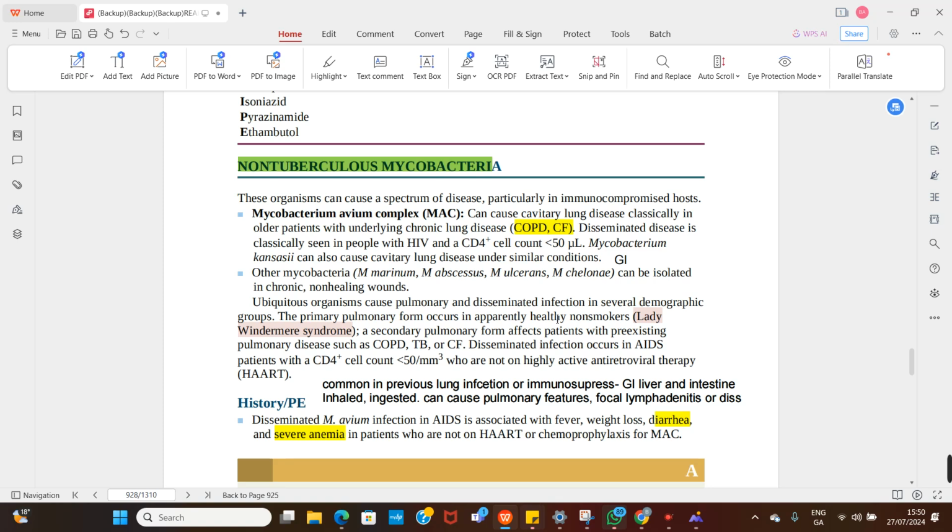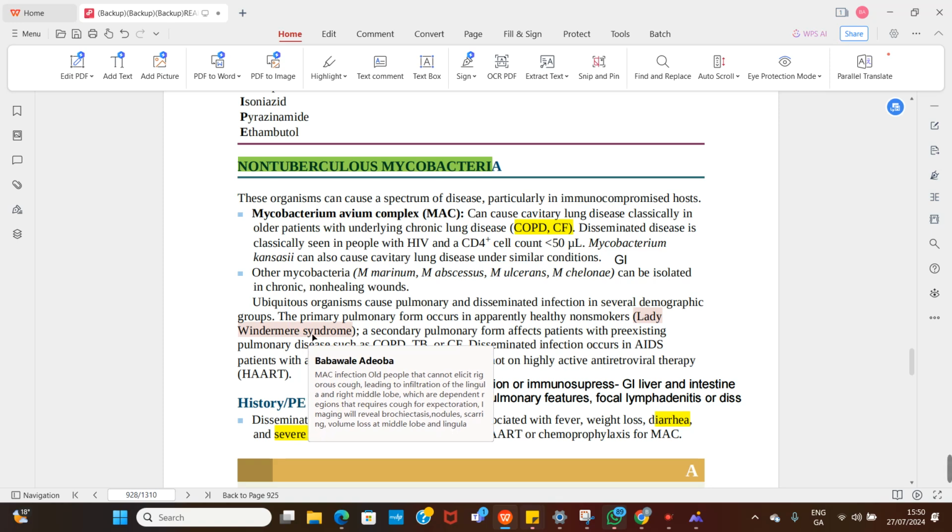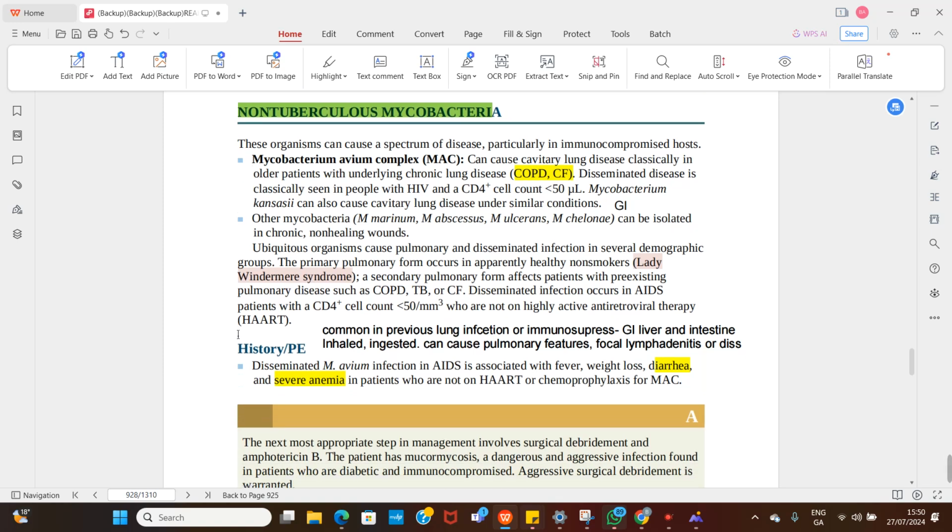But this Lady Windermere is an old lady, and old people don't typically cough. So they tend to have more of the infection settling within that area, and they have X-ray findings like infiltration of the lingula and right middle lobe, leading to scarring and volume loss at the middle lobe and the lingula. That's not very high yield.